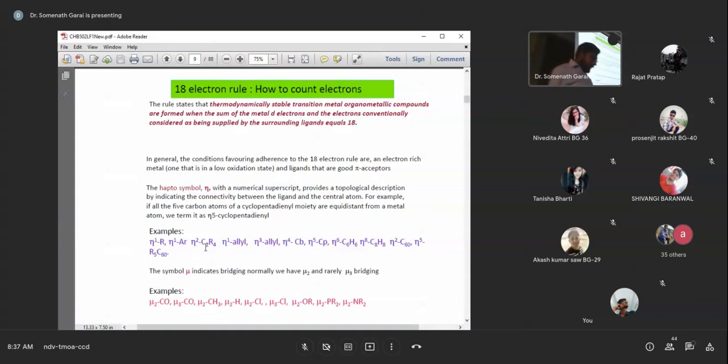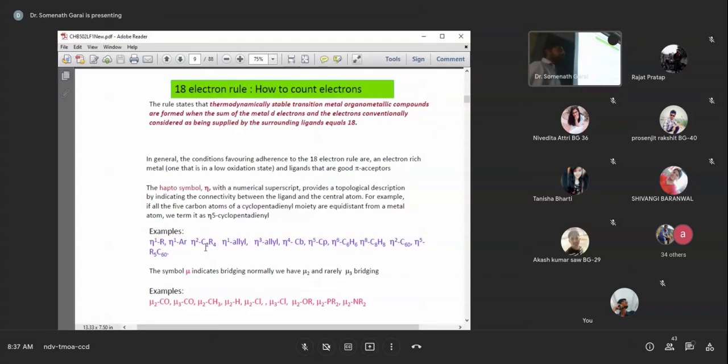Now you see, previously if the charge were here, then the binding would have been very prominent from this side. But now all the carbons of cyclopentadienyl are equivalent, right?